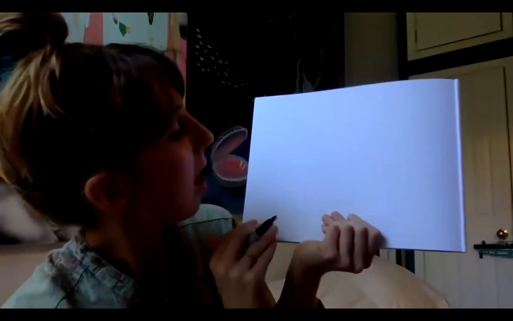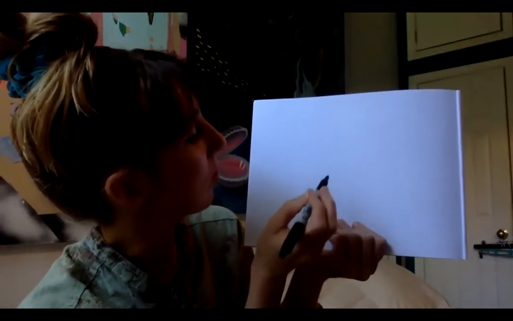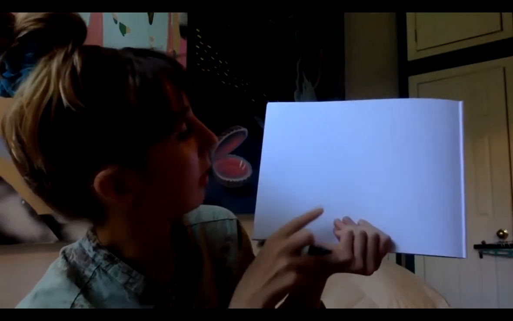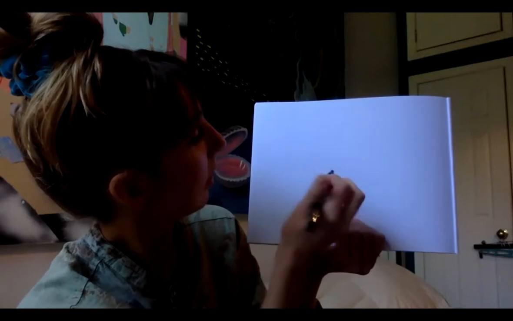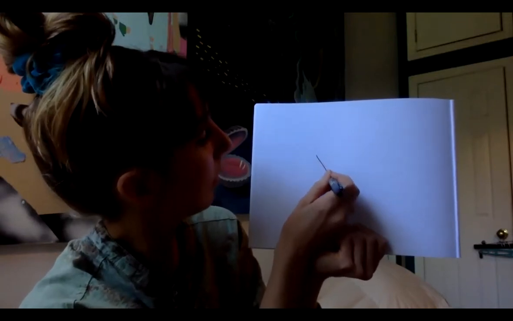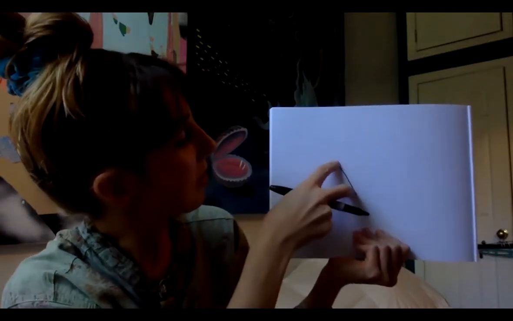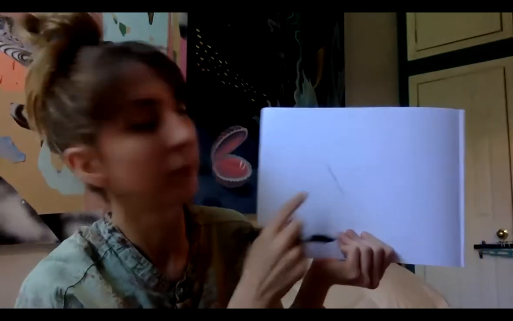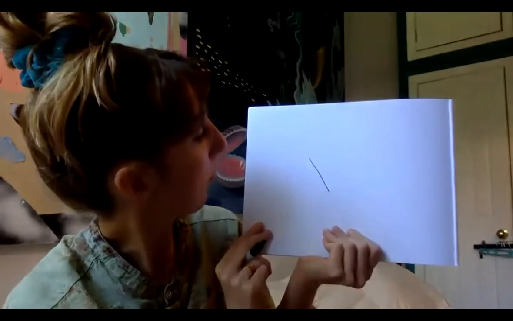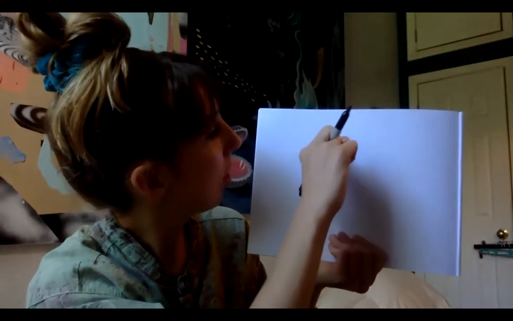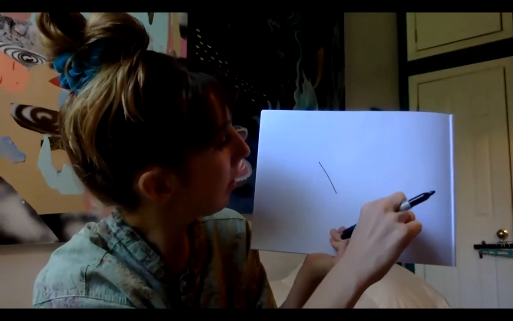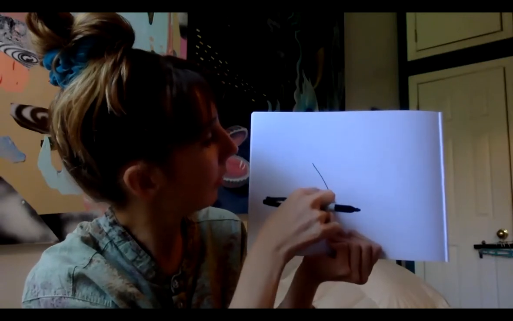All right. What I'm going to do is start by drawing a line, kind of in the center here of my paper. That's going to be where the snail comes out of. Now I'm going to draw a curved line that comes up and down here.